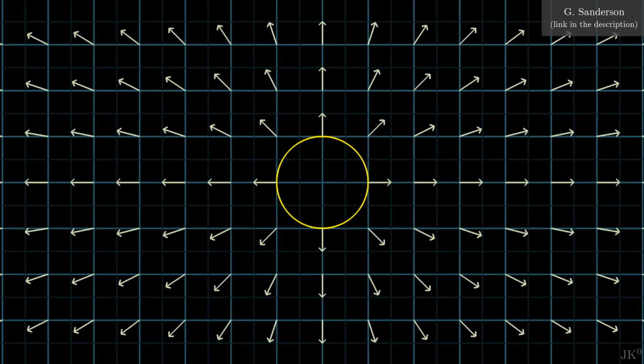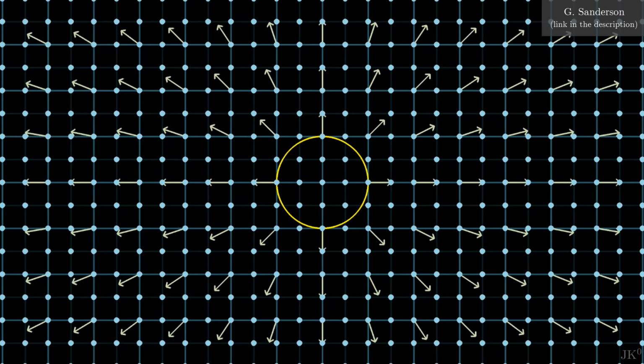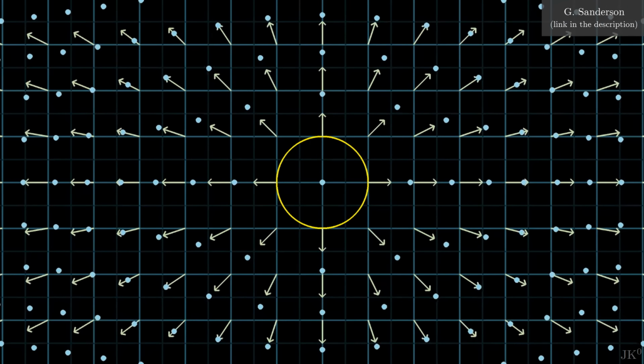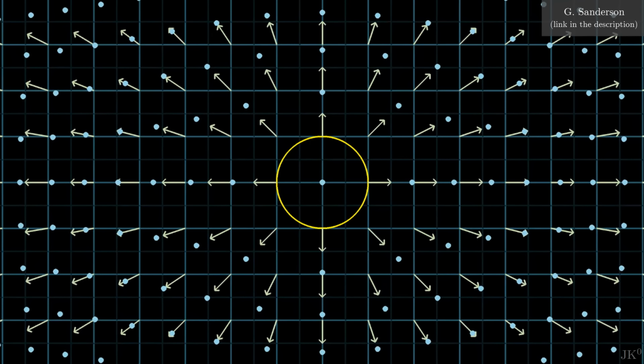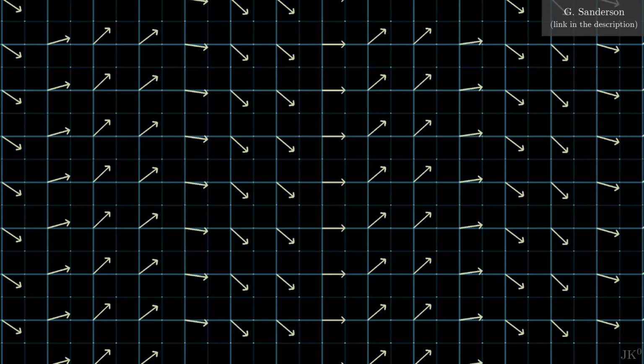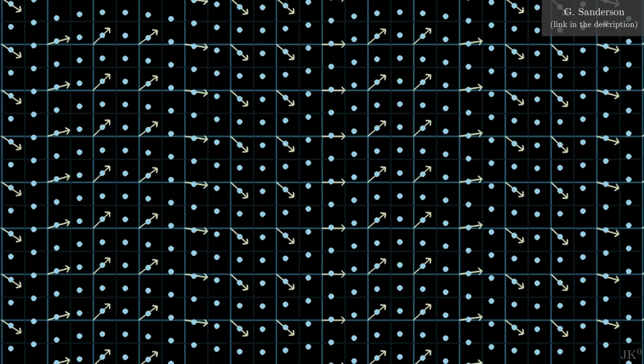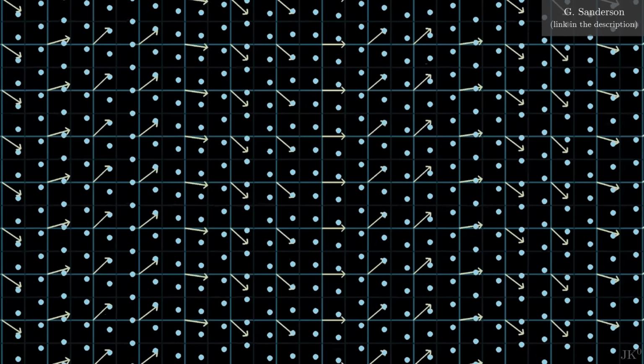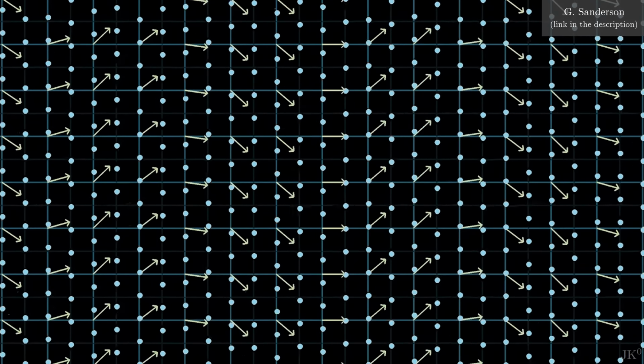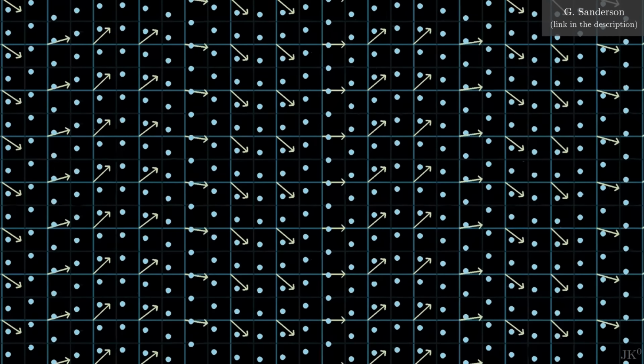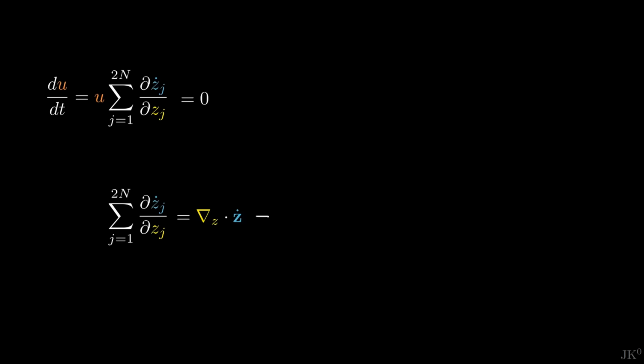On the contrary, a positive divergence at a point represents a flow that tends to become less dense. A velocity field with zero divergence implies that the fluid is incompressible. From our previous result, we know that a Hamiltonian system evolves in phase space as a divergence-free flow.